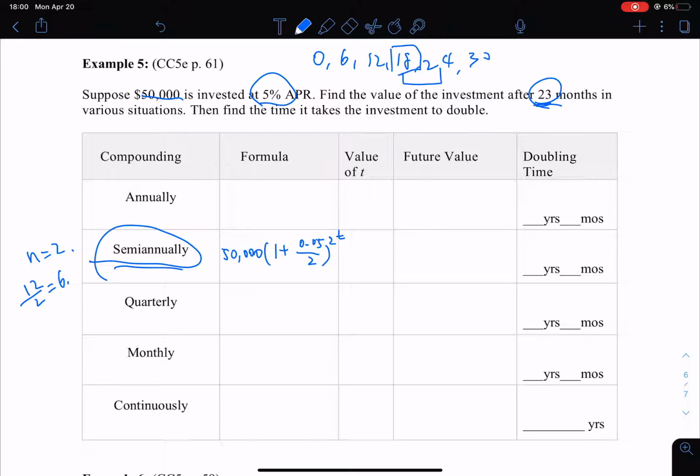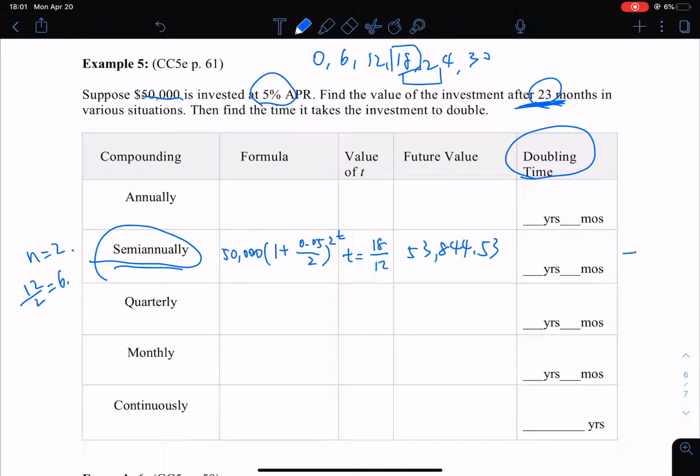So t is 18 divided by 12. You cannot just plug in 23. And the future value is just $53,844.56.